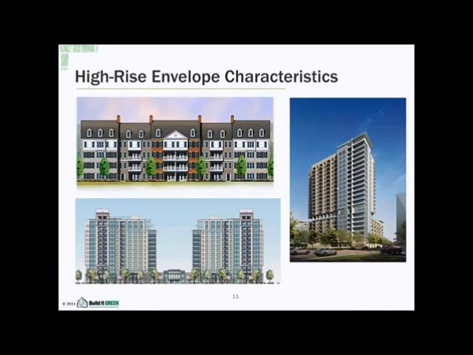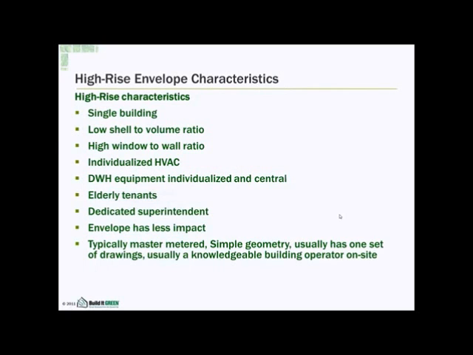On the right is pretty much what I typically see in the Oakland and San Francisco areas, as well as Los Angeles. For the envelope, these are mostly single buildings. You don't see garden-style high-rises. They're just one huge building.